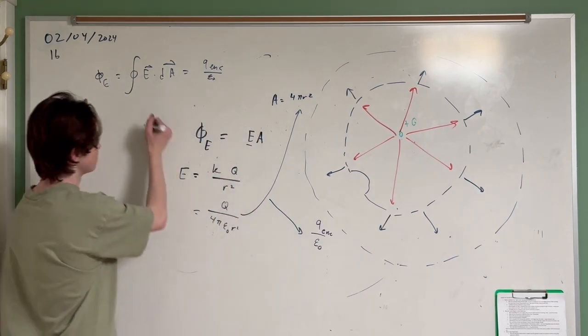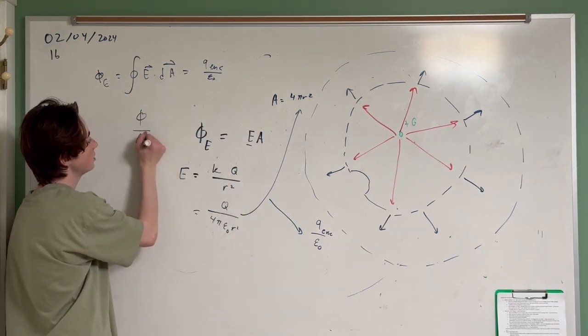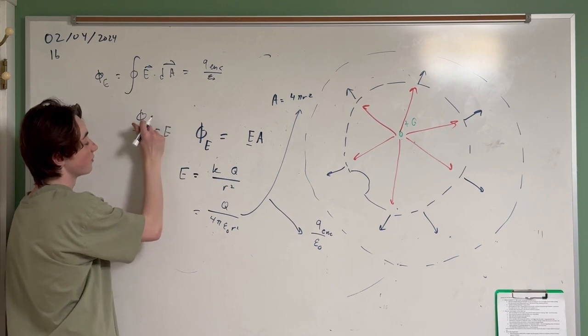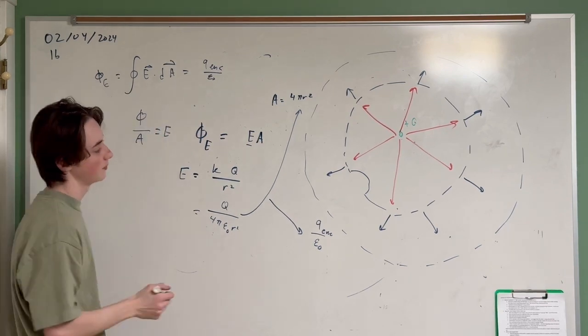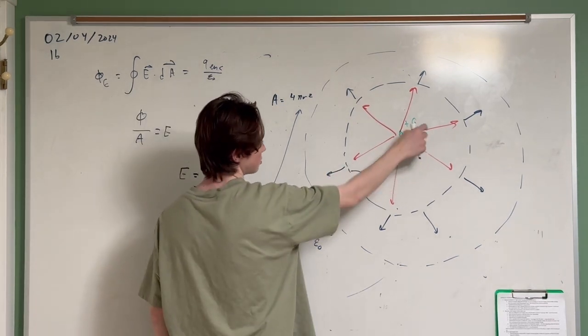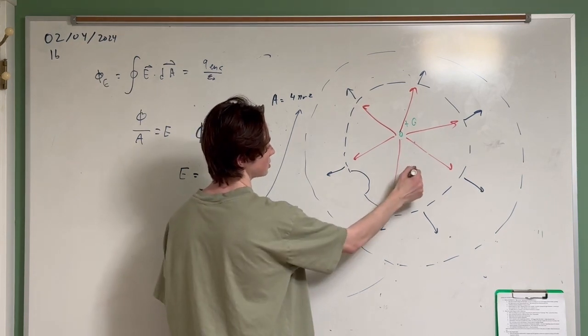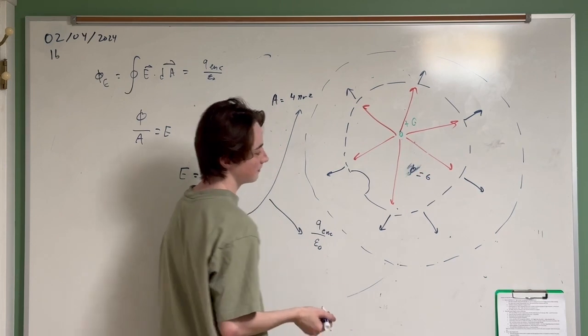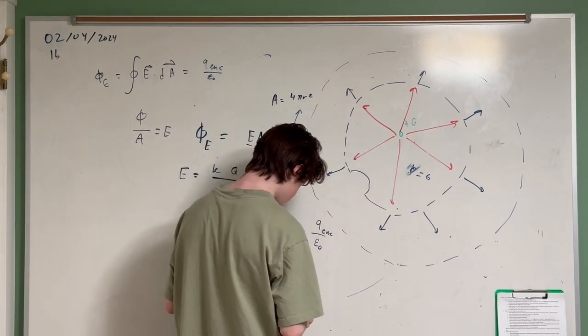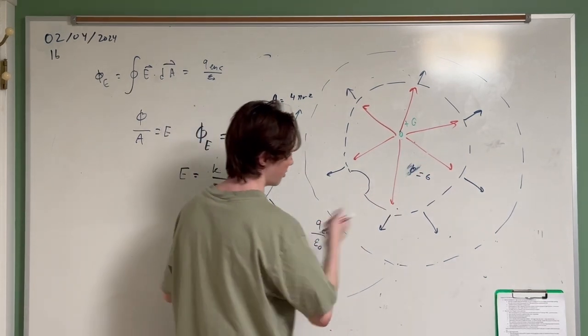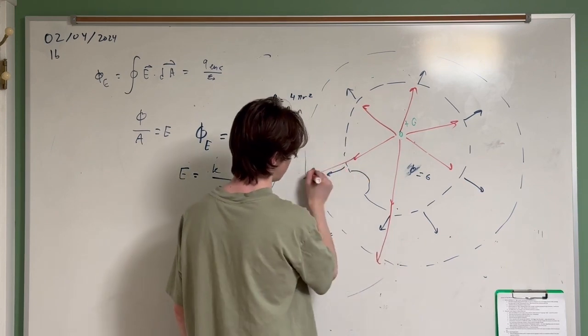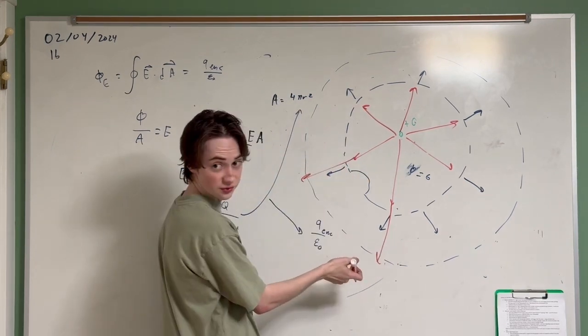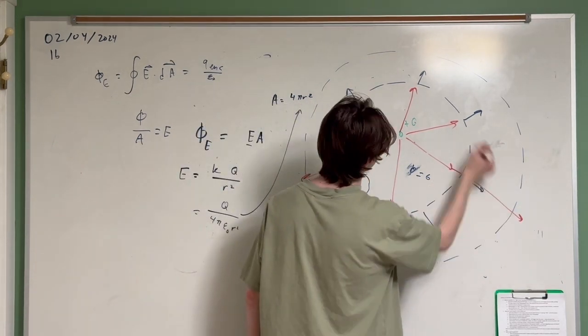That's because the electric flux density is equal to the electric field. So the number of these arrows is sort of like the electric flux. You could say the electric flux is, say, 6 arrows. These same 6 arrows come out here, and we have a higher area, so it's a lower electric field.